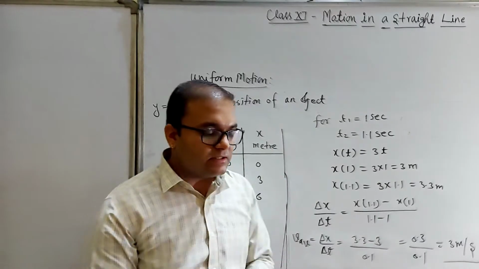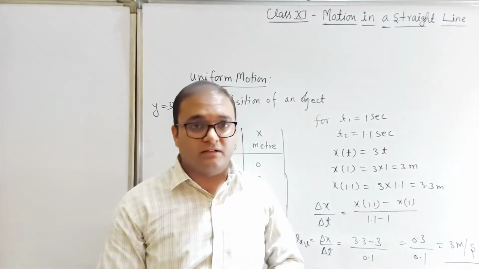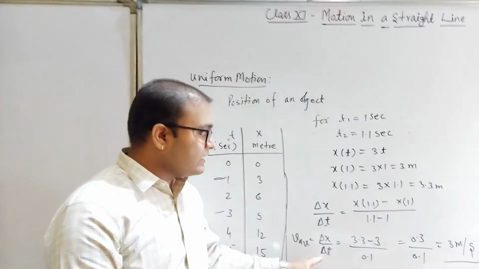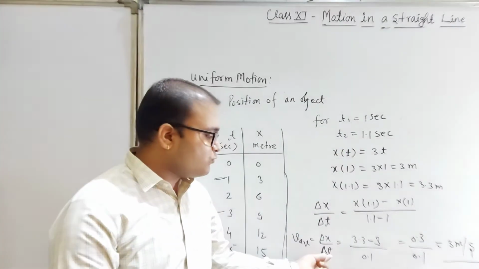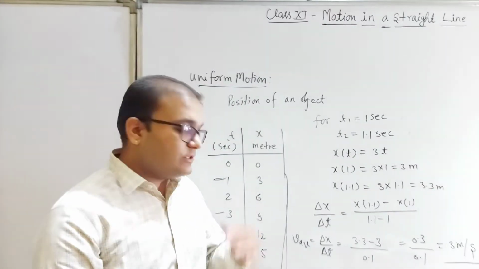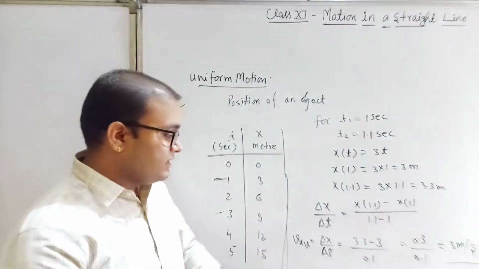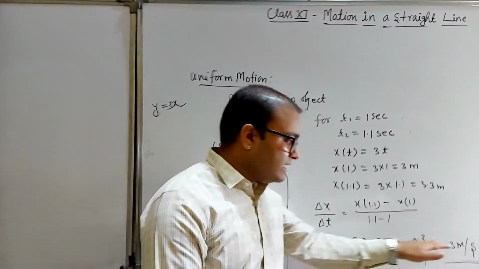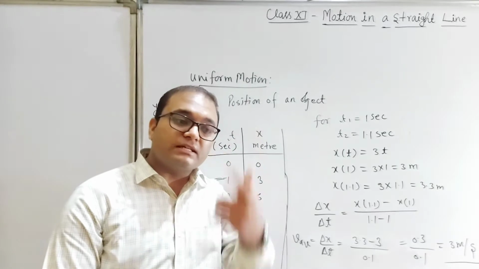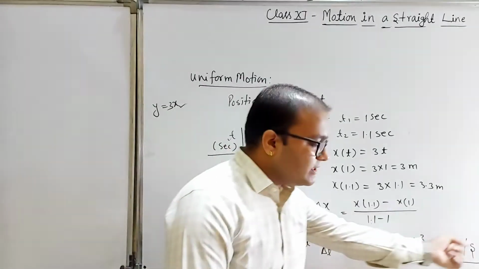But here in this case we can check a point. We are going for delta t equal to 0.1 second. If we go for delta t equal to 0.05 second, then again you will find that average speed is again 3 meter per second. If we take 0.0001 second, then again average speed is equal to 3 meter per second.